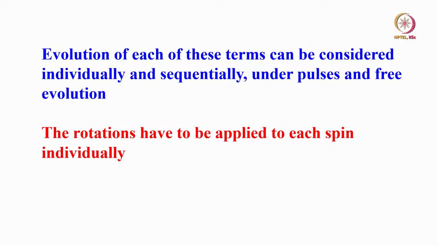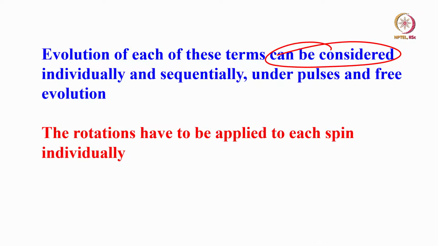As I said, evolution of each of these terms can be considered individually and sequentially under pulses and free precession both. Applying pulses, you can take evolution of spin 1 and spin 2 individually; when you are considering spin 1, spin 2 can be ignored, when you are considering spin 2, spin 1 you do not have to worry.